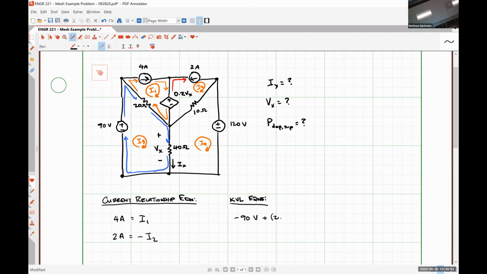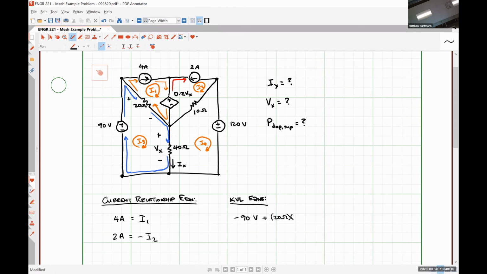The 20 ohm resistor. And the total current flowing through the 20 ohm resistor is going to be some combination of I1 and I3, okay? So what we're trying to find when we're writing our KVL equation around mesh 3 is the current entering the positive polarity terminal.